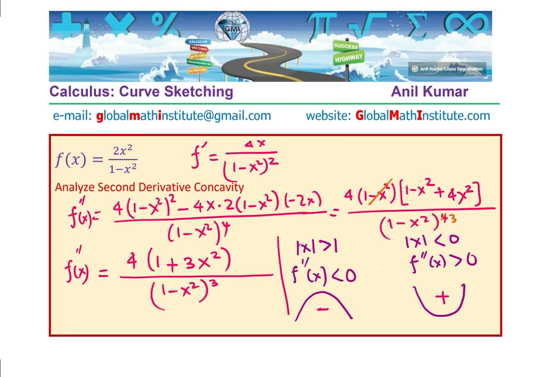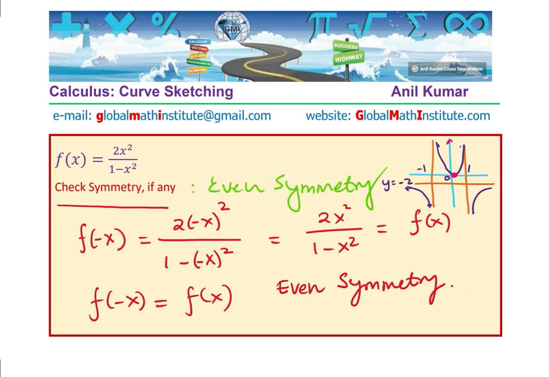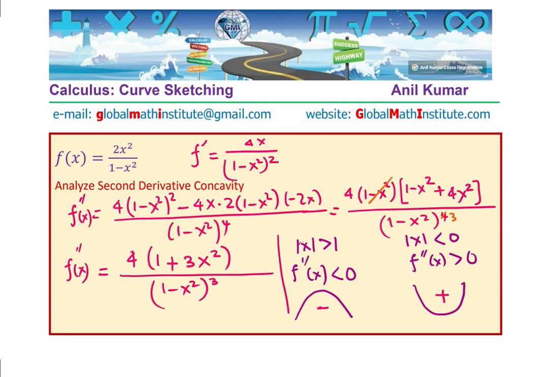So let's check. Do you see it is concave down, right? And that is up. Do you see that? So from here, we just confirm concavity, right? So with all this combined together, we can now sketch the graph. Is this clear to you?